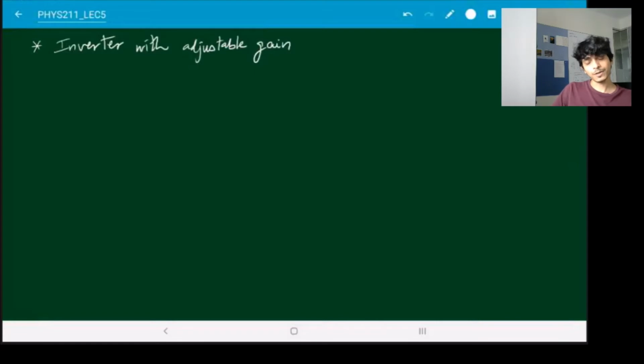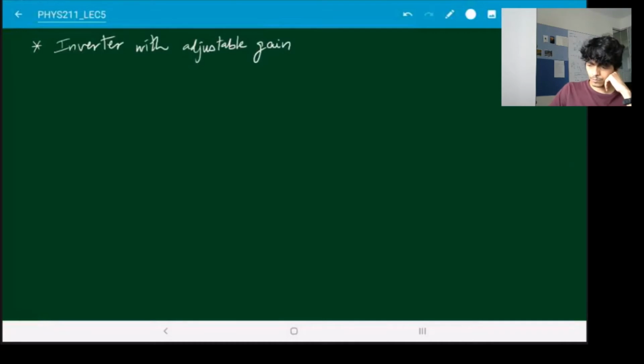You know what kind of input you have, you know what kind of output you need. Now you have all of these options: inverting amplifier, non-inverting amplifier, voltage follower, etc. So depending on what you require, you choose the appropriate circuit, and that will do your transformation of your signal or manipulation of your signal.